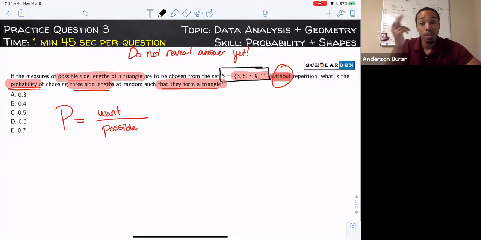So this is not a problem that I can just simply calculate. This is a problem that I actually have to do, and it's just going to take me a little bit of time, and that's completely okay. So do you see what the key there was, though? They're asking us which of these can form a triangle. So you're not going to have 5 million possibilities.